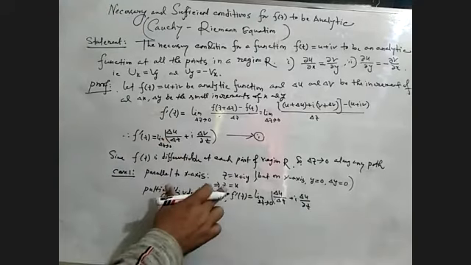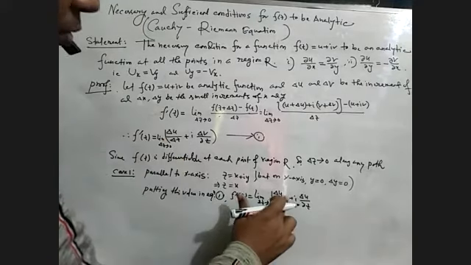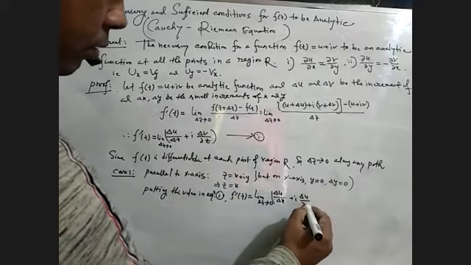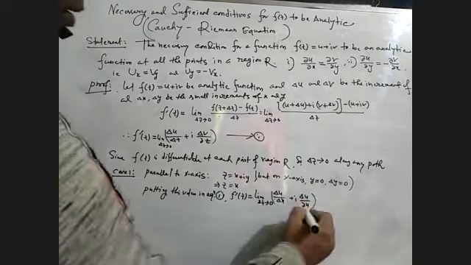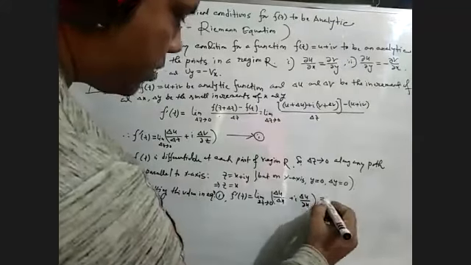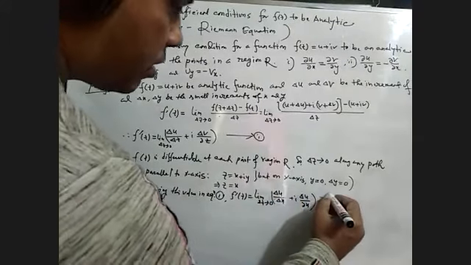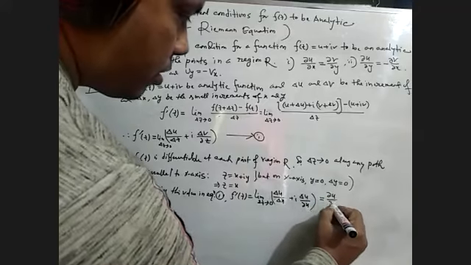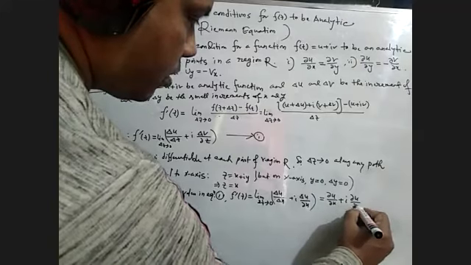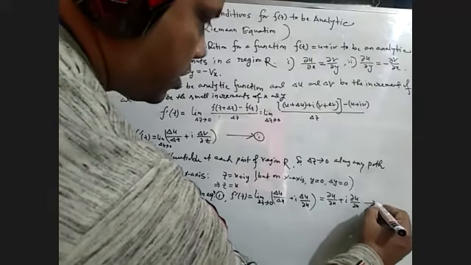Here z equals x, so this will become x, and by the definition of limit this can be written as del u by del x plus i del v by del x. This is equation number 2.